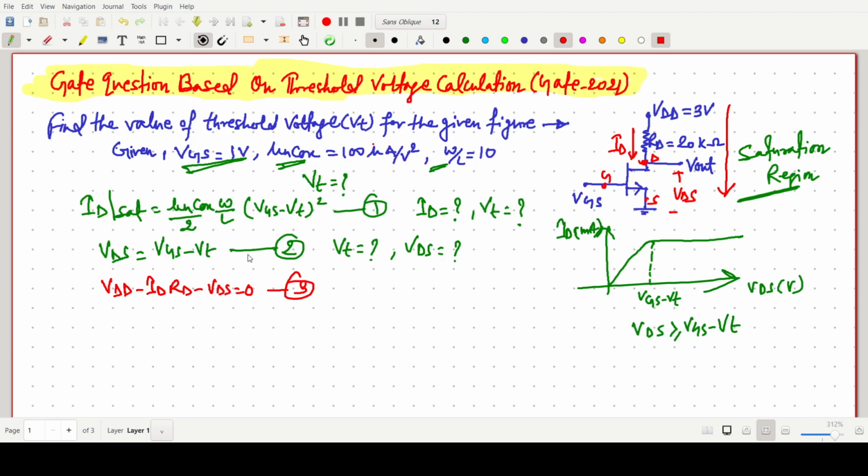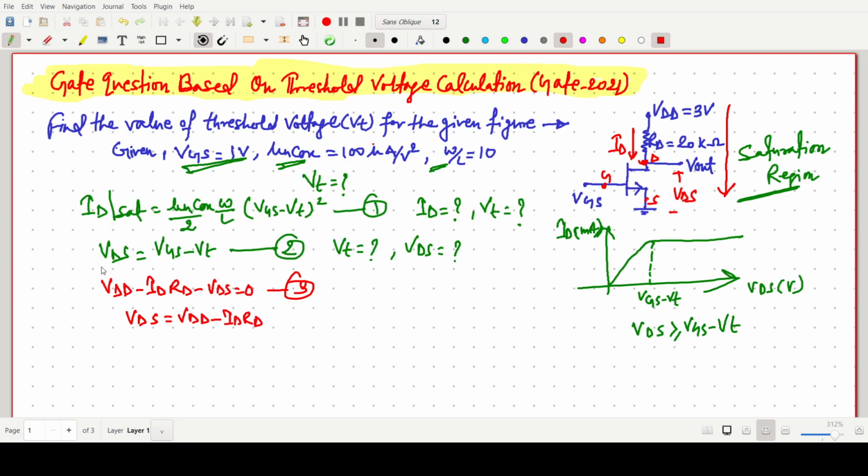Now we have to find VT, and there is some calculation. One can write VDS is simply VDD minus ID RD, where VDD is given as 3. For the time being just leave it; at the end we will put in the values. This is equation number 3.